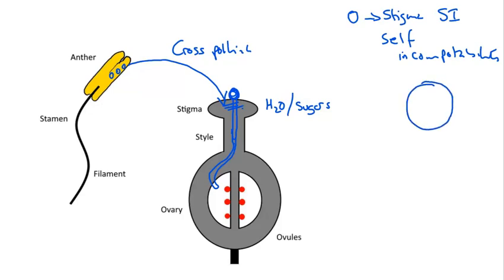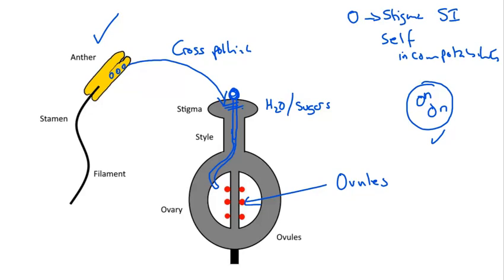The pollen grain actually contains two haploid nuclei from the process of meiosis, which took place in the anther. And the pollen grain is attempting to locate the plant eggs, which we would know as ovules. And we'll look at the details of this process in just a moment.